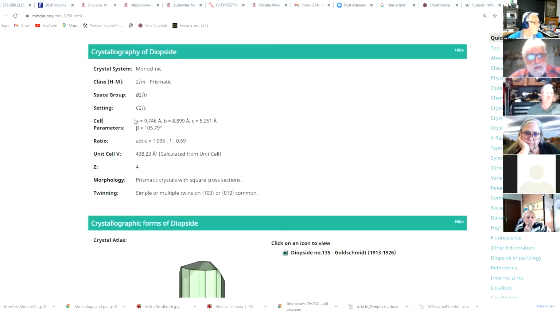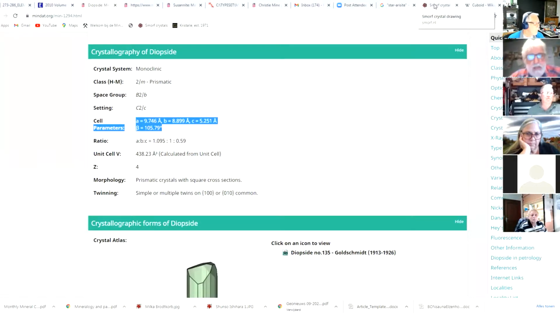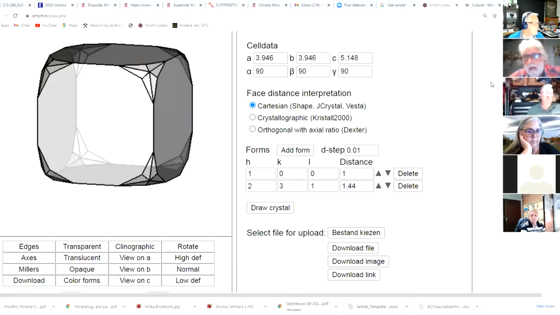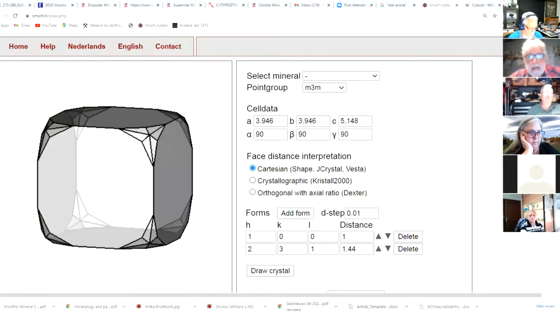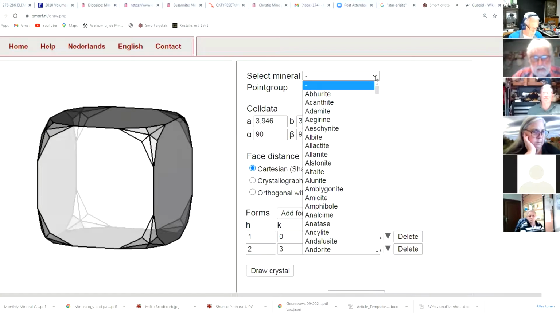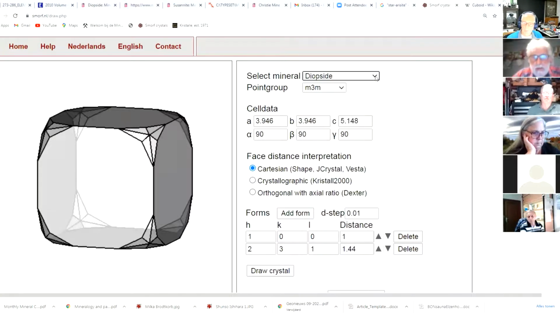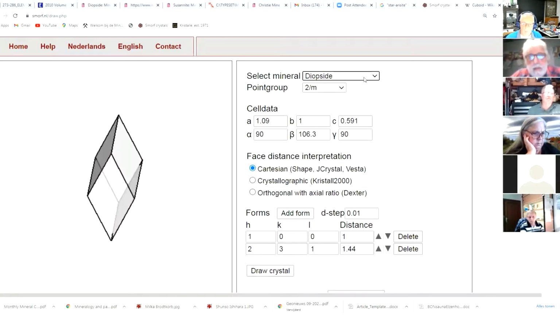You have to put this information into Smorf, unless, of course, diopside is in the list, and I guess it is because it's a very common mineral. So here all the work has been done.